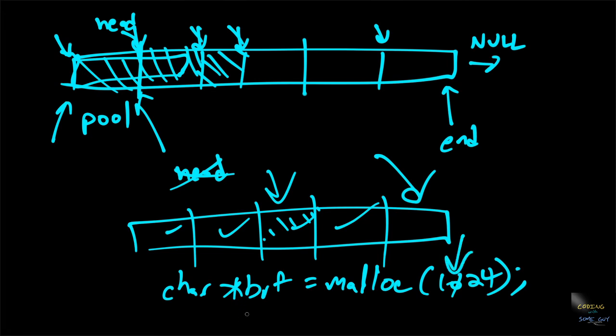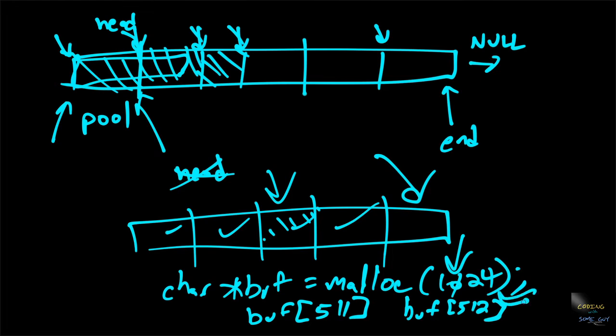Later on, I'm going to be doing buff of 511, and that's a byte that I assign something to when I strcpy into it. And then when I get buff 512, how would this work?